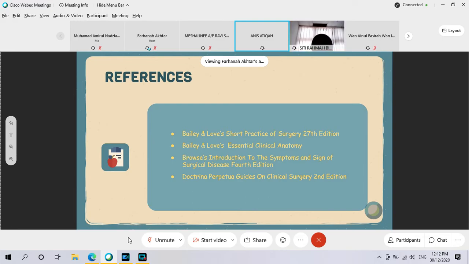What is the pathogenesis? How does the umbilical hernia develop? It's because the umbilical cord fails to obliterate. Why does it fail to obliterate? Wait, doctor.